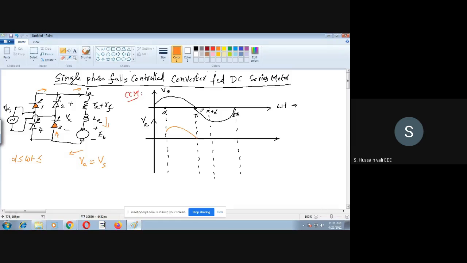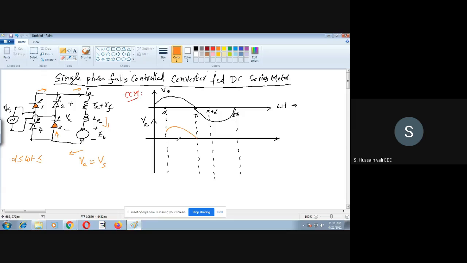After pi, the supply voltage becomes negative. Even though the supply voltage becomes negative, thyristors 1 and 3 will not be turned off, due to the nature of the inductor present in the motor, and we have taken continuous conduction. So the current in the inductor will still be there, and it forces thyristors 1 and 3 to conduct further.